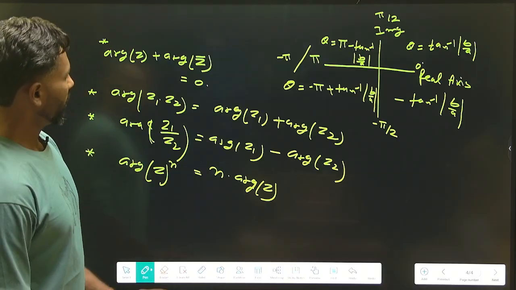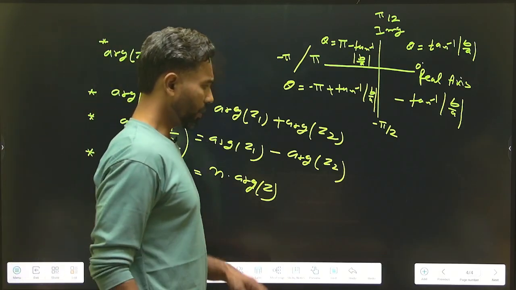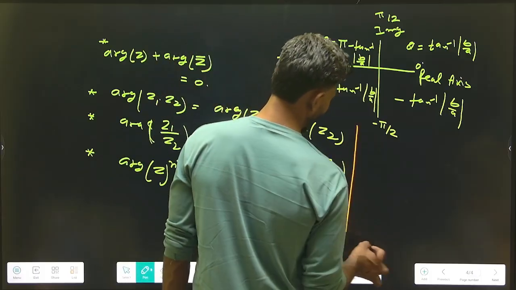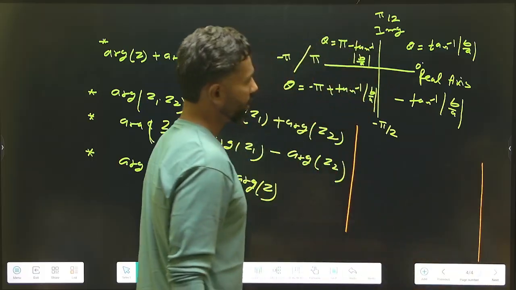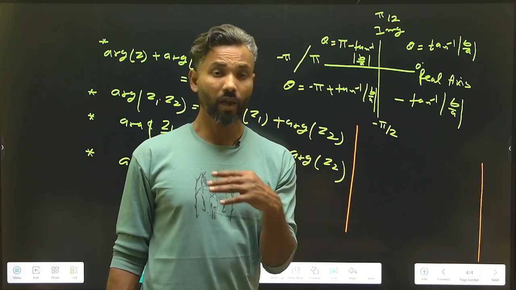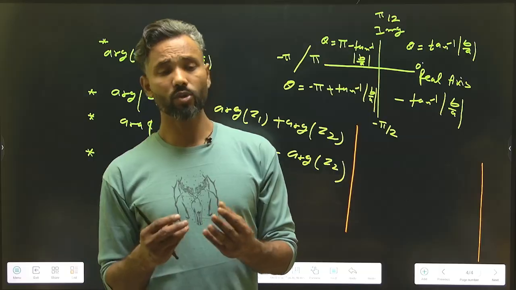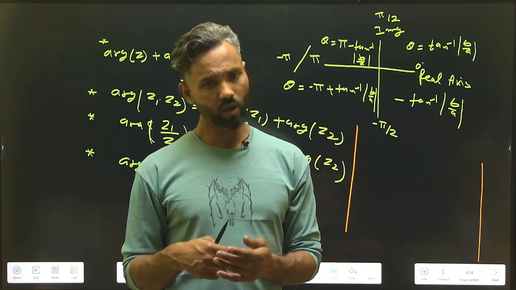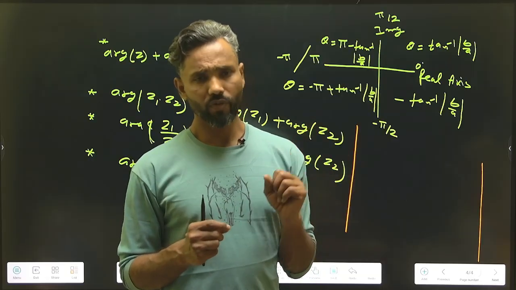Okay, in the same way, I'm going to tell you one more very important thing. Many times in your examination you are going to see a complex number which is purely real and positive. Sometimes you are going to see that the complex number is purely imaginary and positive or maybe negative. Then we don't need to apply these formulas.